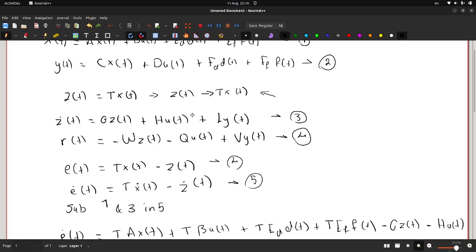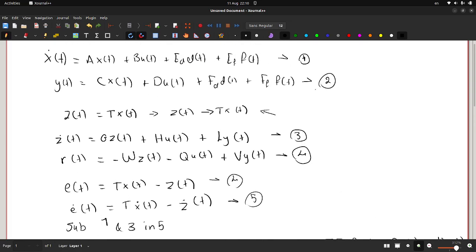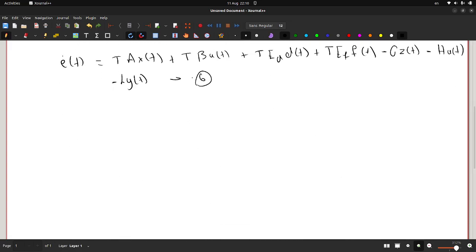Let us substitute equation number 2 in equation number 6.